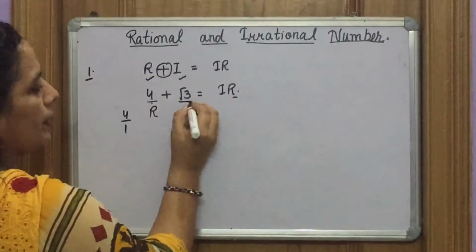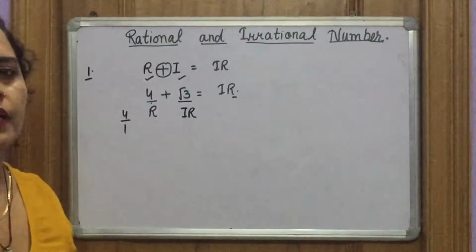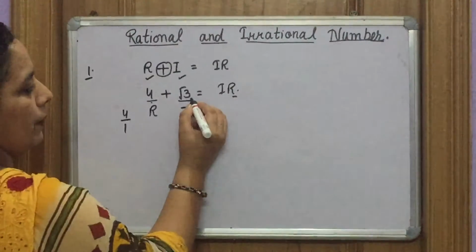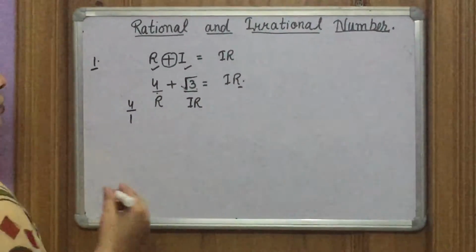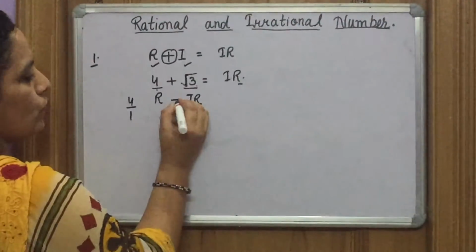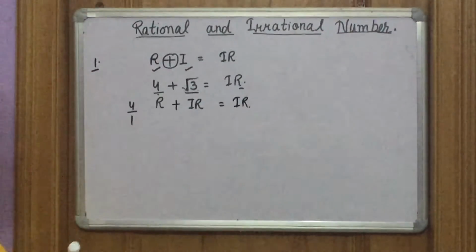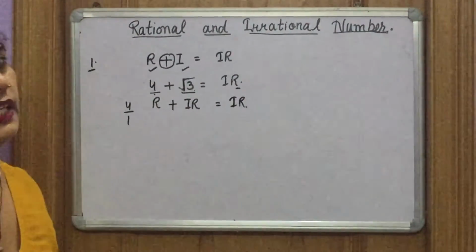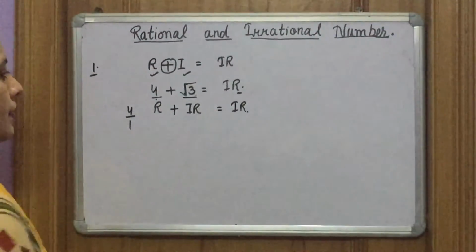And the second number is irrational because the square root of a prime number is always irrational. 3 is a prime number and the square root of a prime number is irrational. So if we add these two numbers, then the final answer will be irrational. You are asked just to check whether it is rational or irrational. No need to find out the final answer.